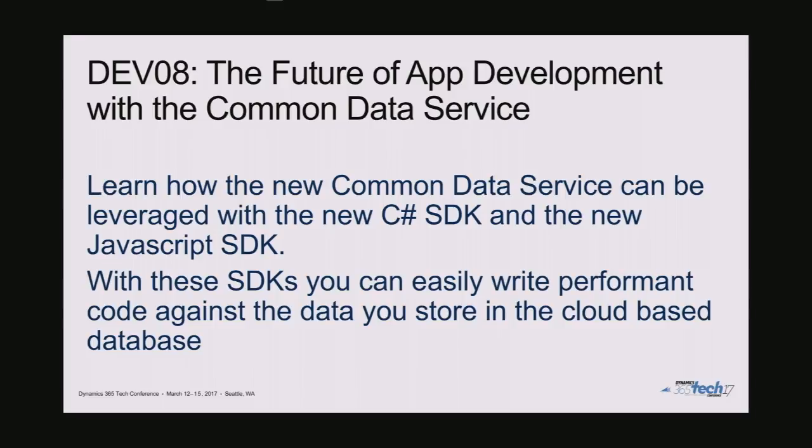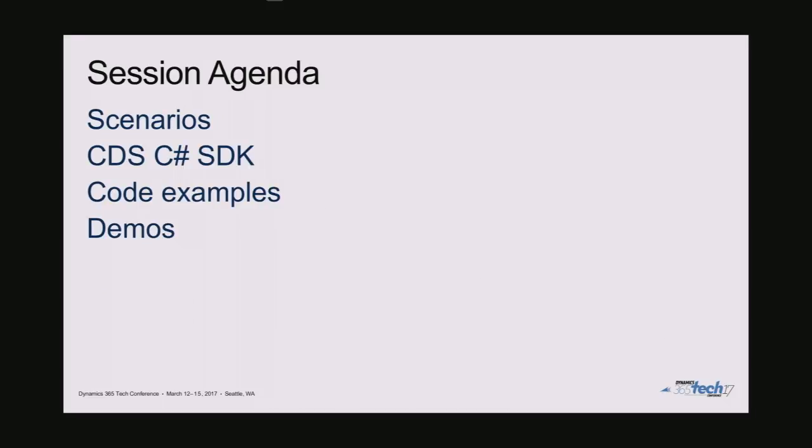But some of the things that we will go into a little more depth on will be dealing with C# in particular. The idea here is that you use these to build performant code, and performant is a key feature here. You will see this permeate throughout the design of this SDK. Performant code against the data that you store in the cloud.